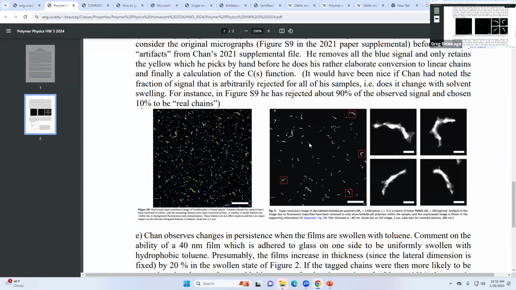Okay, and then he gets this image, which is what he published in the PNAS paper. So you can see this squiggly thing is that yellow thing there, right? So he's thrown away all the blue arbitrarily, straight up, right? Because if you measure the persistence length on this kind of triangle guy here, his process would kind of go haywire, right?